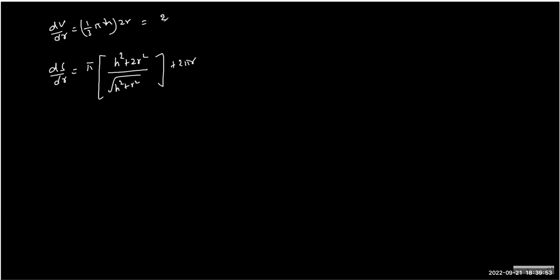So let's find this one. H is 5, r is 3. So at that instant, it is 10 pi. This will be how much? Pi. H is 5. So 5 square plus 2 into 3 square.